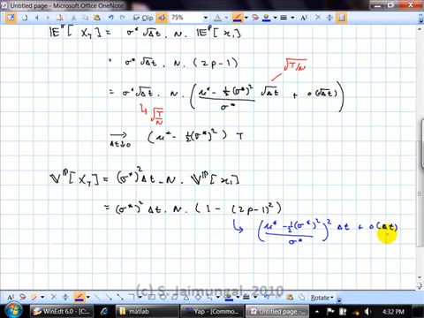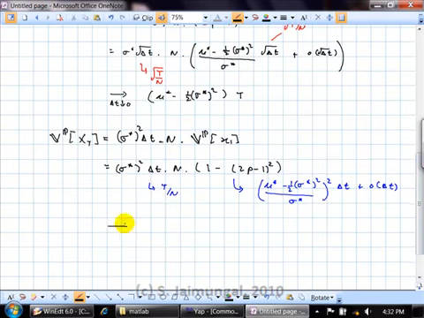And here we see something that's going to 0 being added or subtracted from 1. This is not going to 0. This is big T over n, so the n's will cancel, and this just gives me big T. So in the limit, as n goes to infinity, or delta t going down to 0, this becomes sigma star squared times big T.